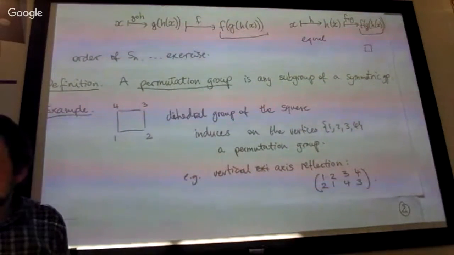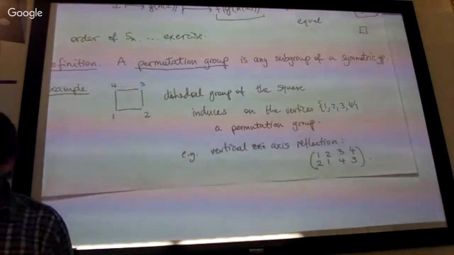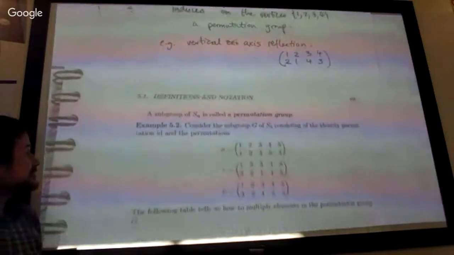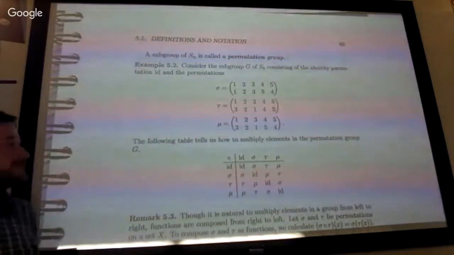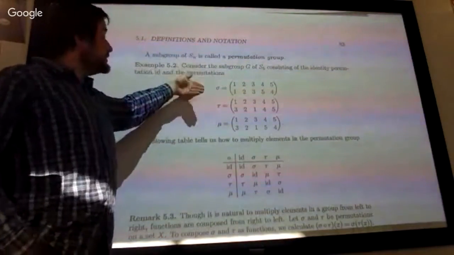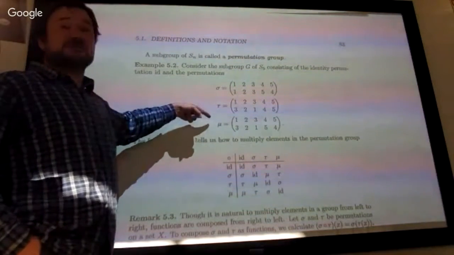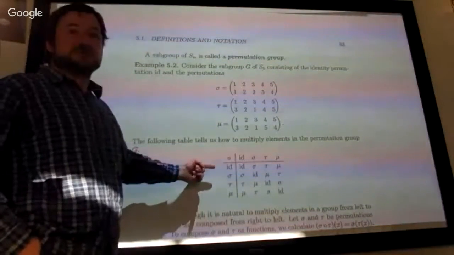Okay. There's an example 5.2 in the book. I'll just show it like this. I'm too lazy to write it. So what you get is, this is just almost arbitrarily selected 3 elements from S5, and they happen to form a subgroup.